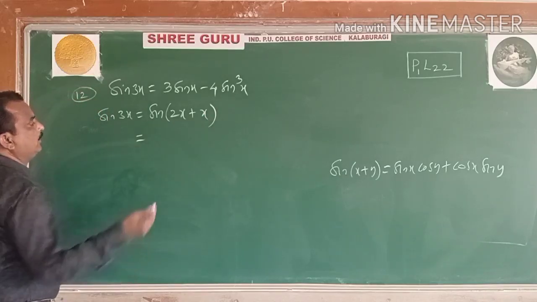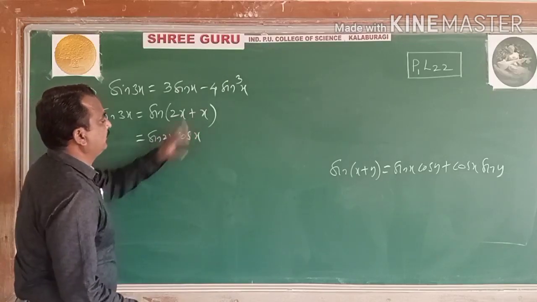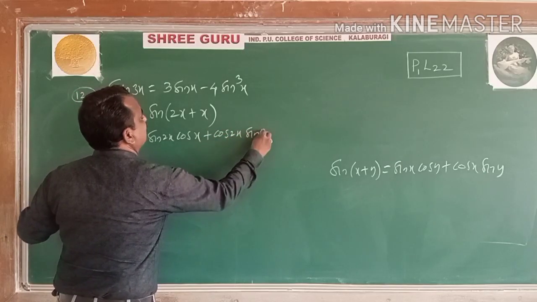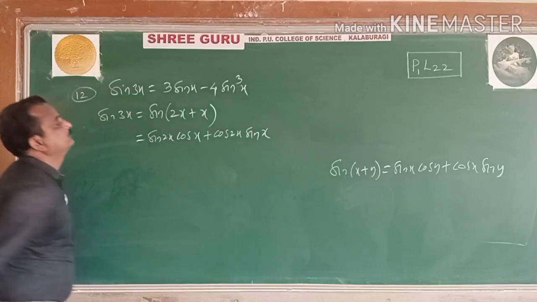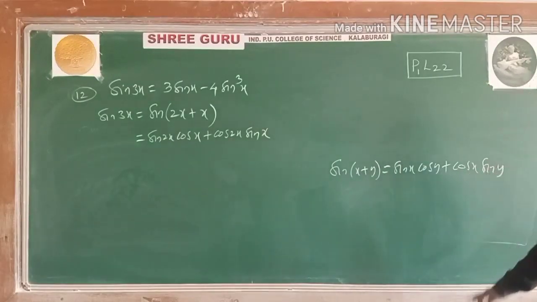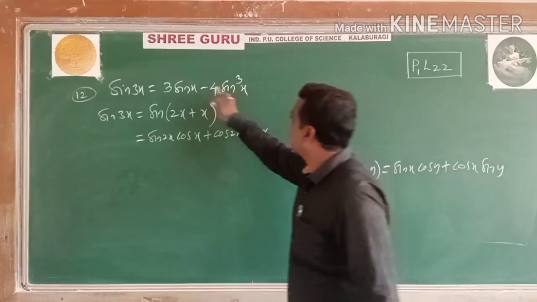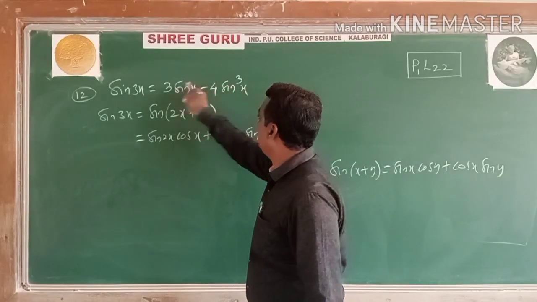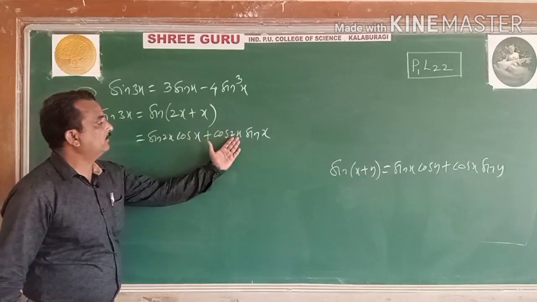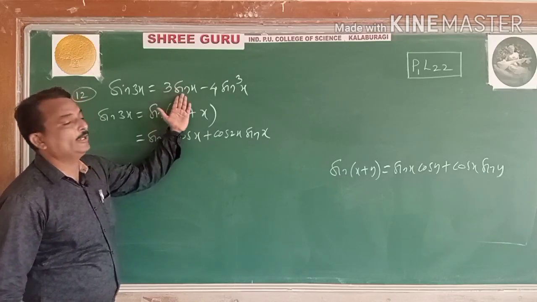Expand according to this formula, or you may take a plus b also. Sin 2x into cos x plus cos 2x into sin of x. Whatever 2x terms are there, you may convert, writing a 2x formula depending upon your result.